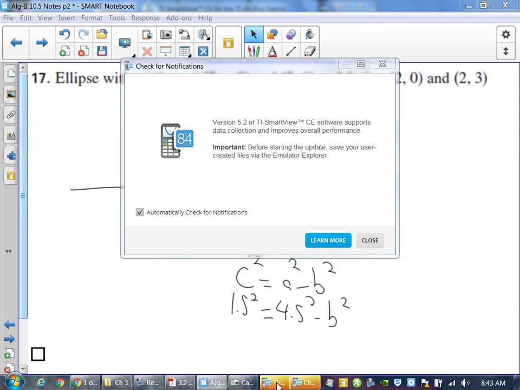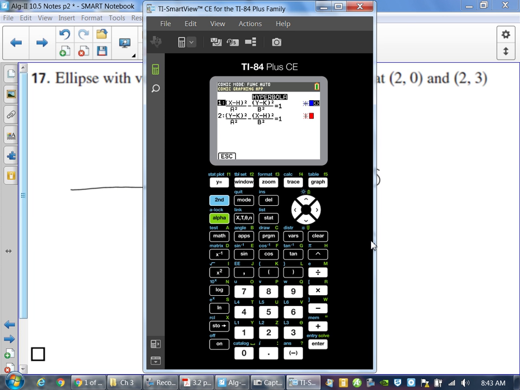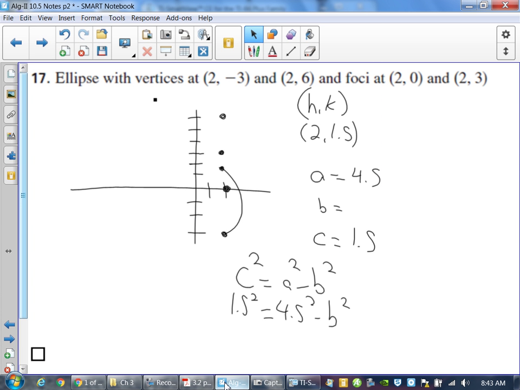I think we did this yesterday, didn't we? Did we have an example where it was like 4.5 minus 1.5? Wasn't it 12? 18. That was something like that. So B squared is 12, and then A squared, don't tell me, is 20.25? Yeah. Look at me, I remembered stuff. Yay!